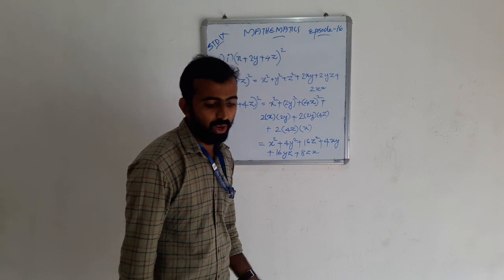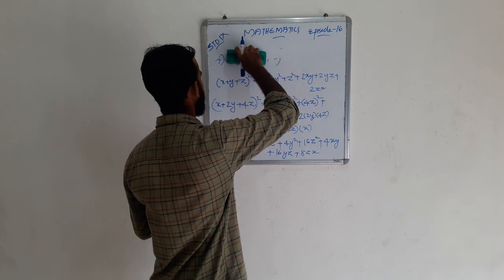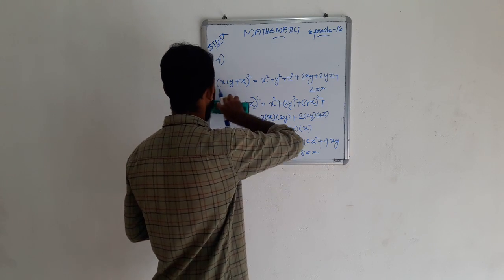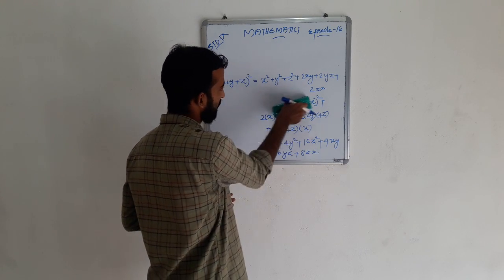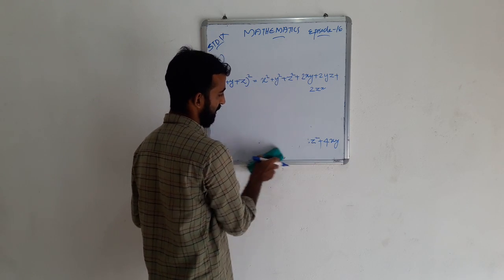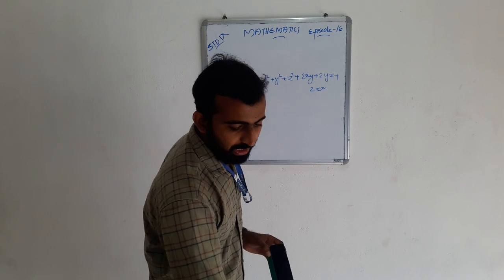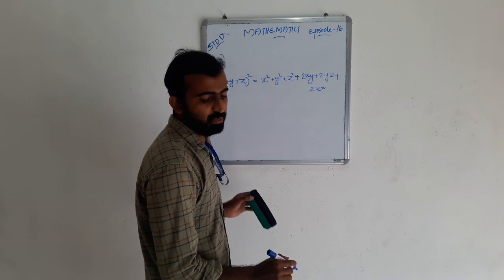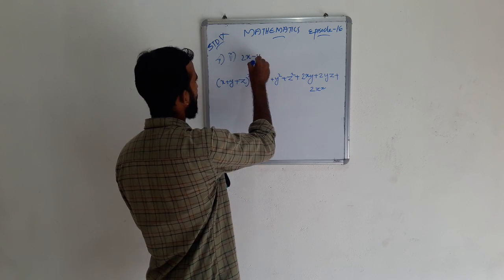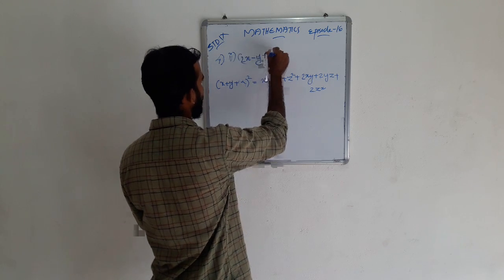Next one is 2x minus y plus z the whole square.